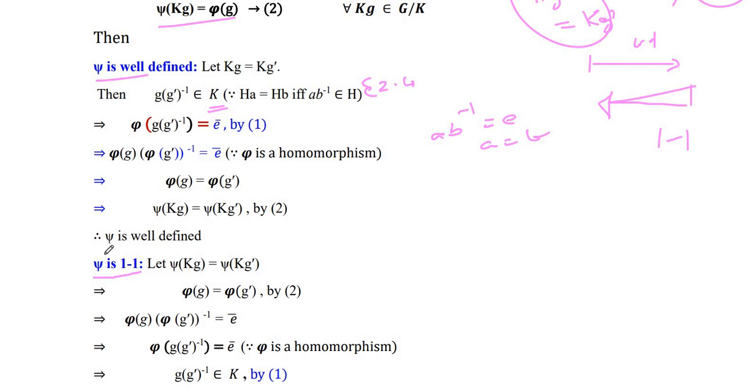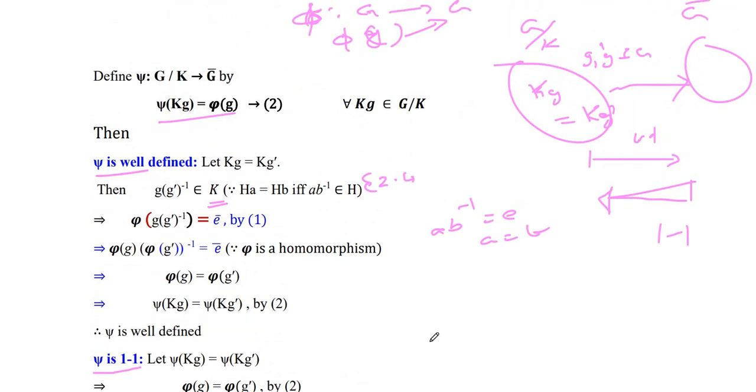The first one tells us psi is well defined. Now psi is one-to-one. For psi to be one-to-one, we have to assume the images to be equal. So psi of Kg is the image of Kg under psi, and it is assumed to be the same: psi of Kg equals psi of Kg prime.